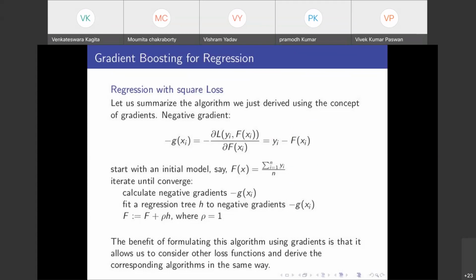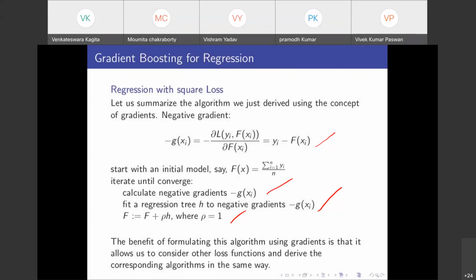So for every loss function, you can calculate the negative gradient, fit the regression tree model to the negative gradient, and update the model. This process can be repeated.